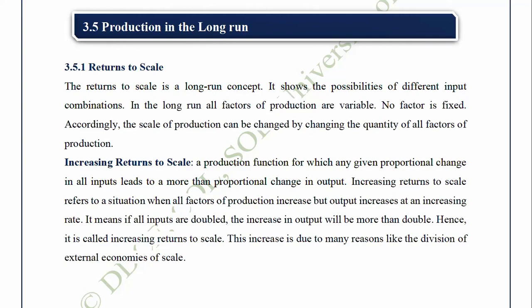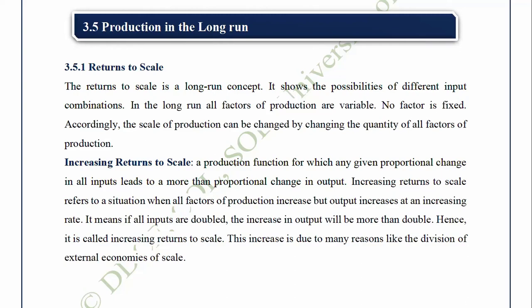Increasing returns to scale. A production function for which any given proportional change in all inputs leads to a more than proportional change in output. Increasing returns to scale refers to a situation where all factors of production increase, but output increases at an increasing rate.